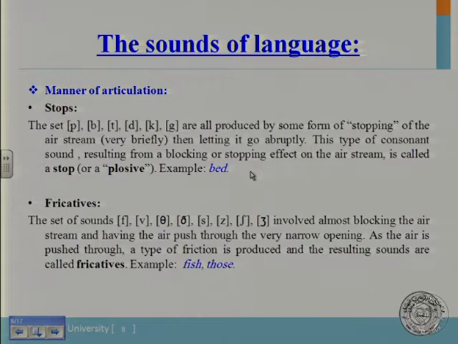Now these sounds involve almost blocking the air stream and having the air pushed through a very narrow opening. If you try to pronounce it, there is a blockage, but there is also a very narrow passage. The air goes out of this narrow passage, and when it does, we come to this sound.